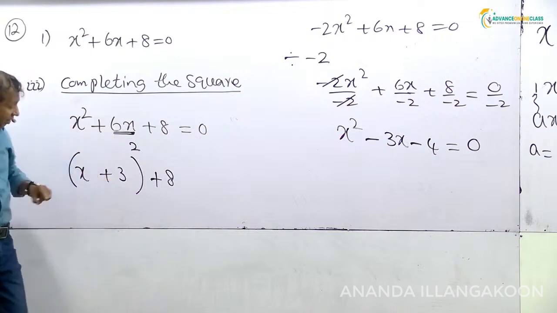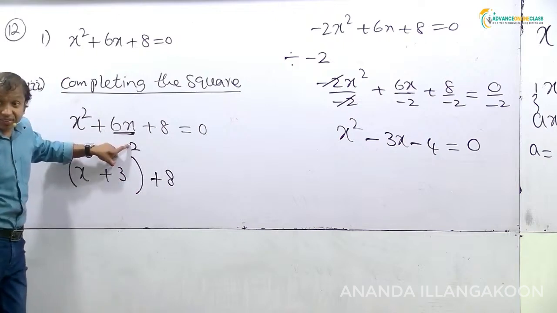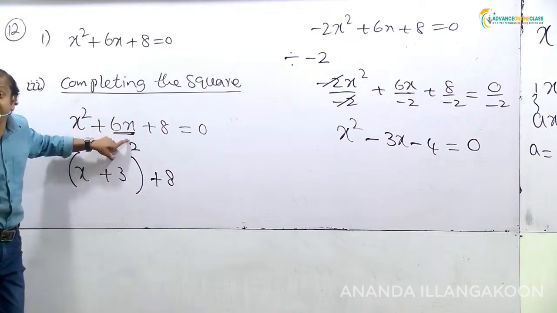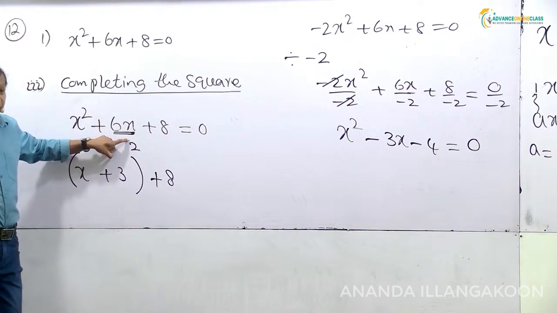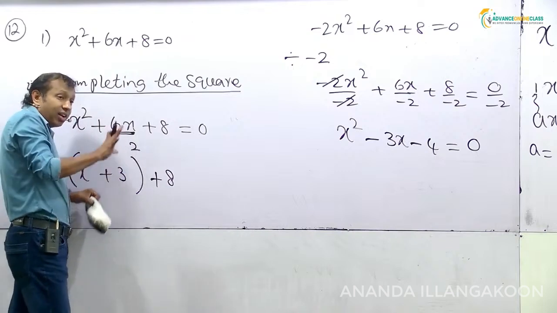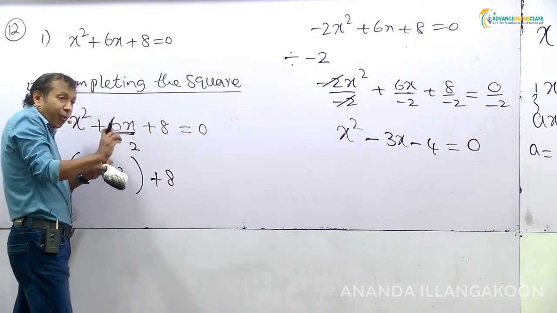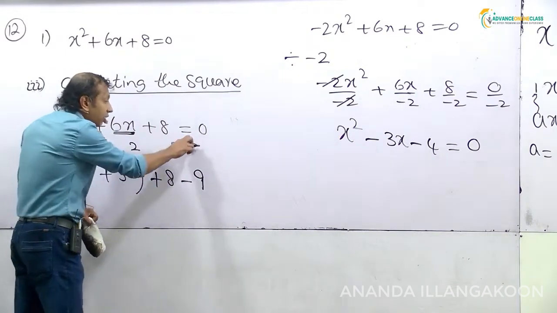Finally, the second number we wrote inside the bracket, square that. 3 squared. What's 3 squared? 9. Finally, people, the second number squared, 9 here, that we always subtract. Then put equal 0.